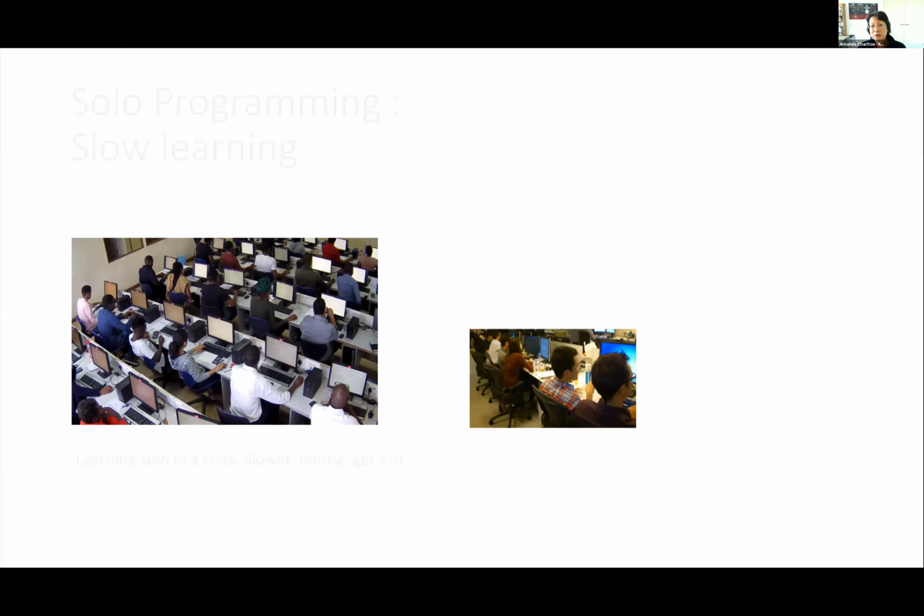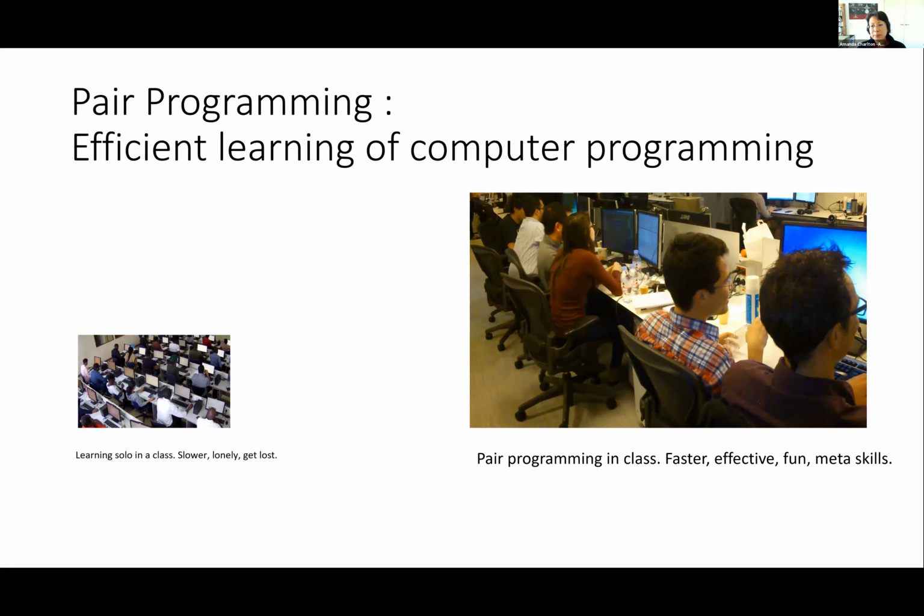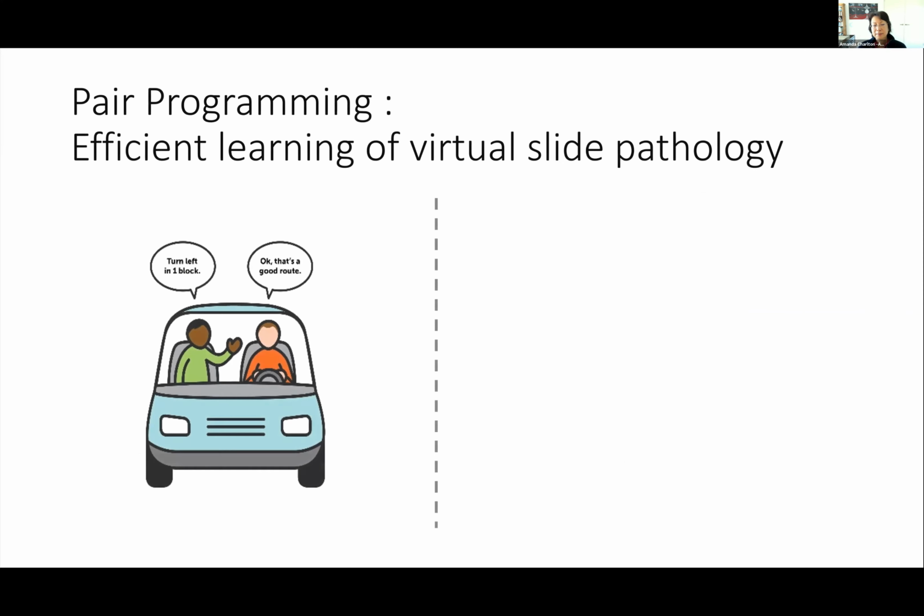The modern way to do this is called pair programming. These pairs of students are learning computer programming, but you can learn anything together using a shared computer screen. Why is it good? It's faster, it's effective, it's fun, and you learn some meta skills about group work and interaction with others.